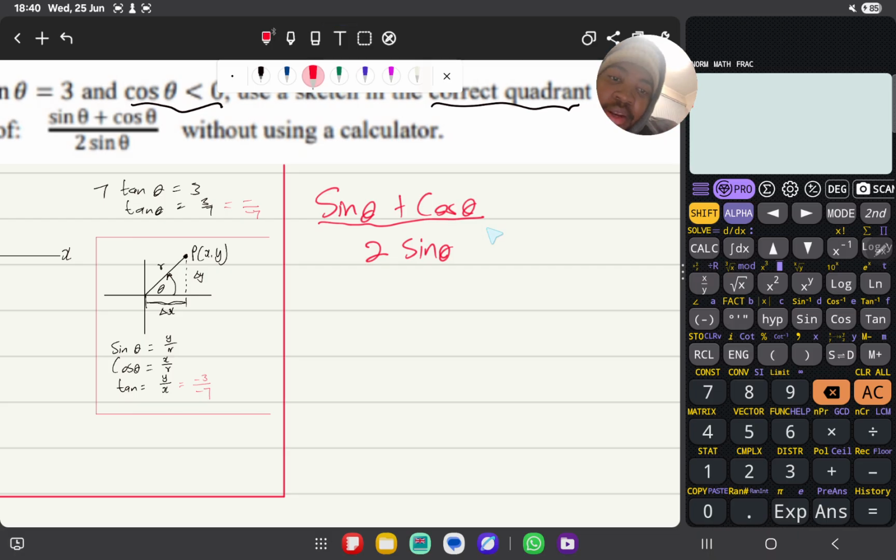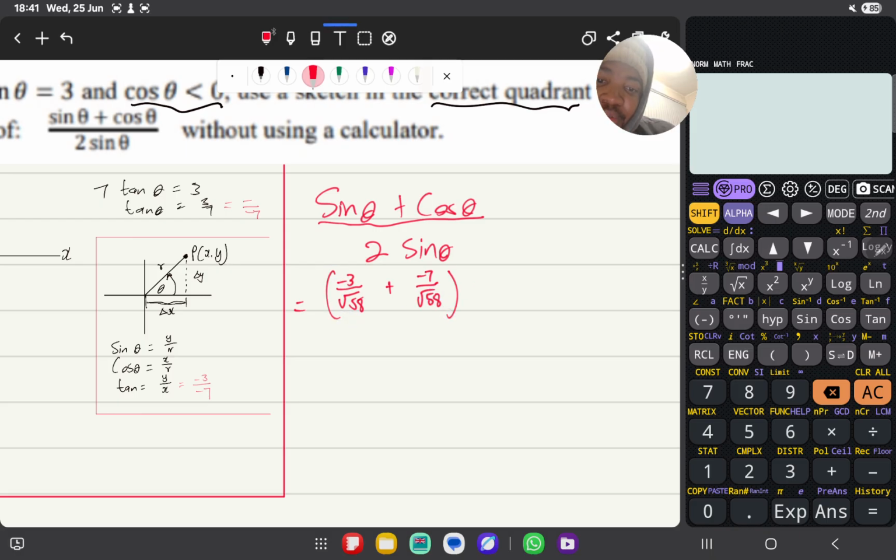Then substitution. What is the sine? Sine is y over r. So we have sine, which is y, which is minus 3, over r, which is the square root of 58, plus minus 7 over the square root of 58 for cos.